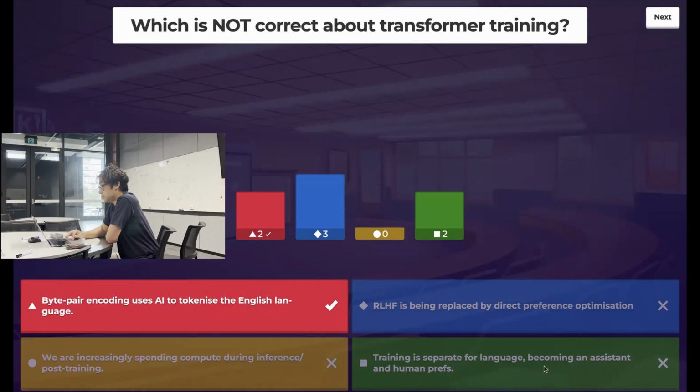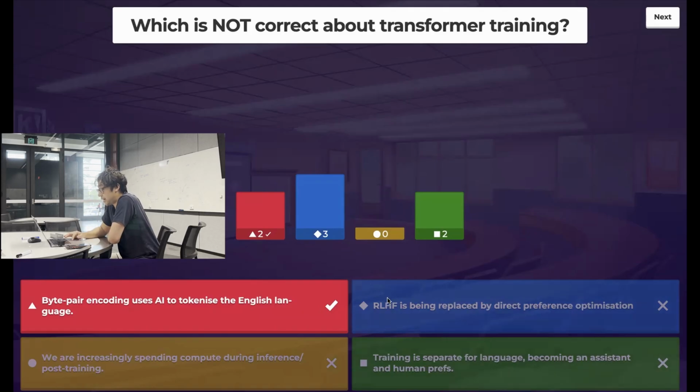The second part is that at that point in time, it does not really know how to do much, so we have to train it to become an assistant. That's where we write a bunch of question and answer pairs in order for it to learn how to do that. The third is that after we've done that, we train for human preferences. We ask a bunch of humans which of these responses they prefer, and a human will select it and it will learn from that. Those are the three steps for training an AI.